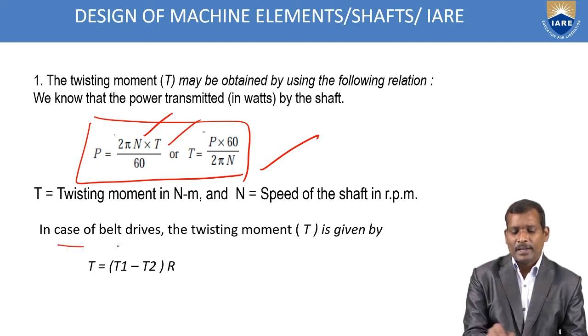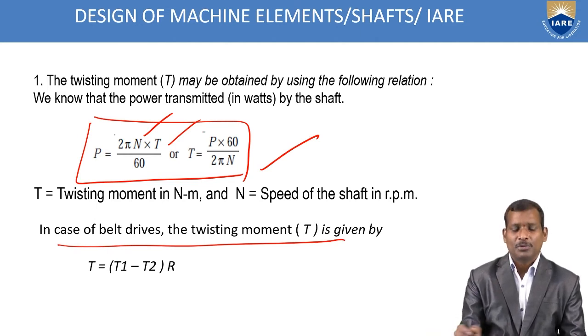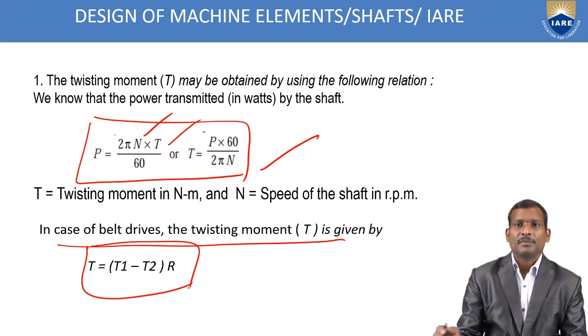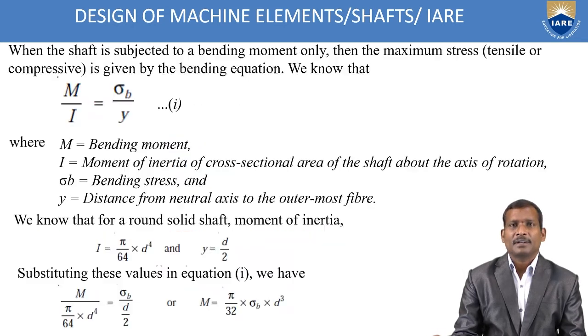In case of belt drives, the twisting moment T is equal to (T1 minus T2) multiplied by R. What are T1 and T2? T1 and T2 are the tensions of the belt: one is the slack side tension, the other is the tight side tension.